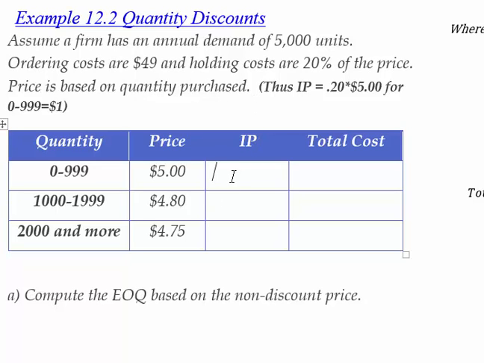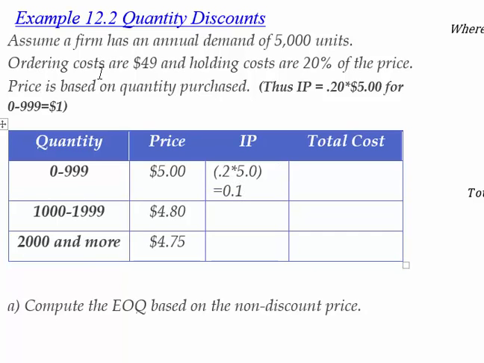So if we purchase between 0 and 999, our holding cost then is 0.2 times $5, which will equal 1.0.